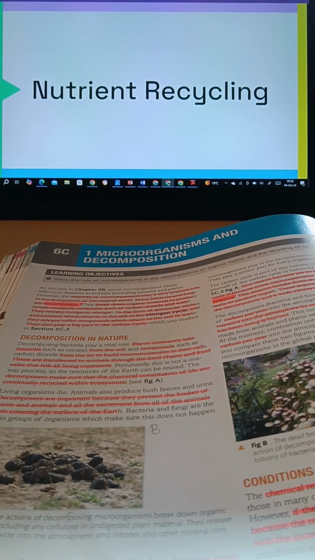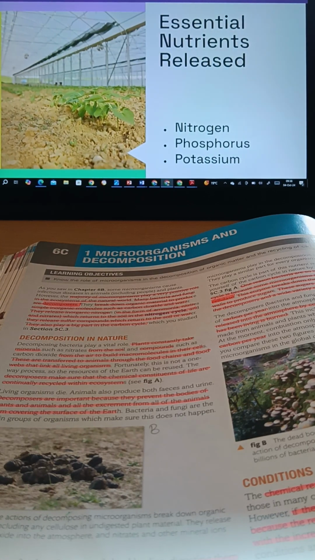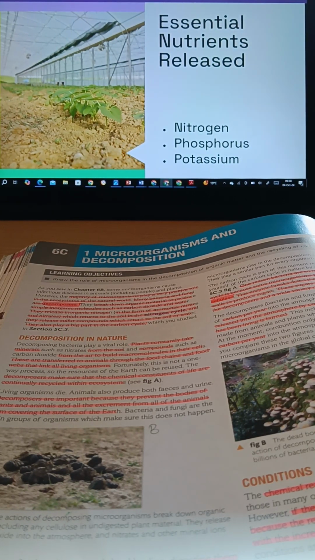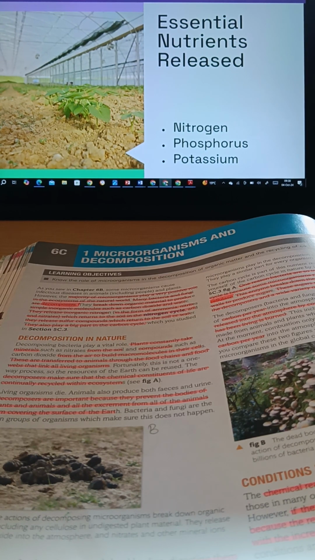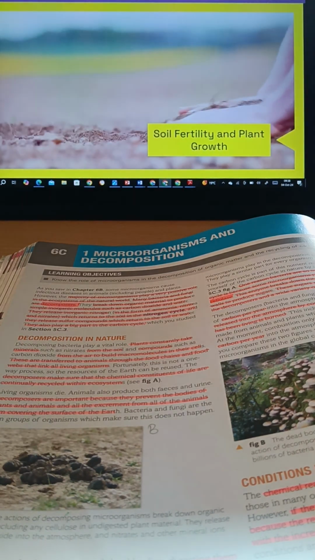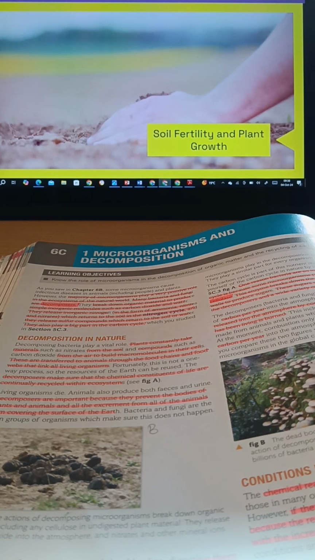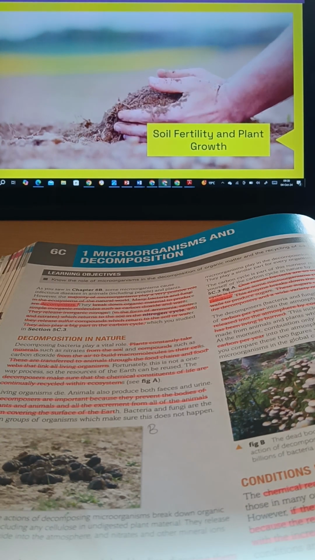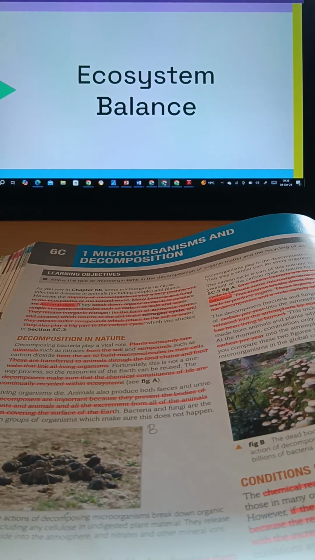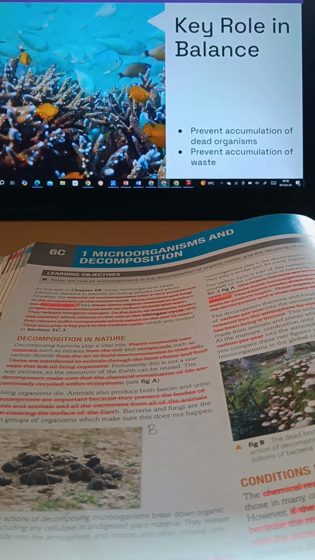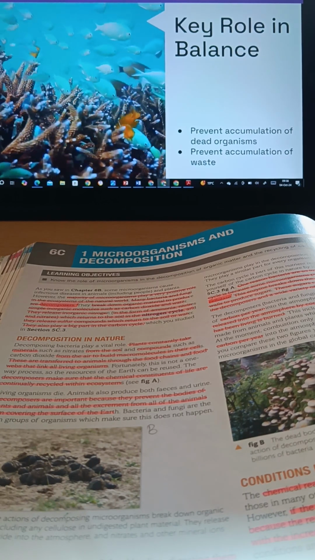Microbial decomposition releases essential nutrients like nitrogen, phosphorus, and potassium back into the soil. This process is vital for soil fertility and plant growth. Decomposers play a key role in maintaining ecosystem balance by preventing the accumulation of dead organisms and waste.